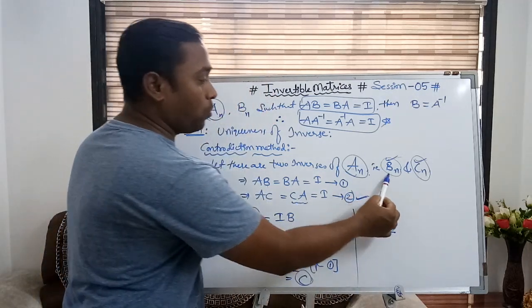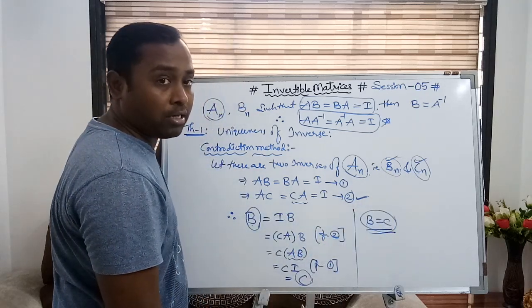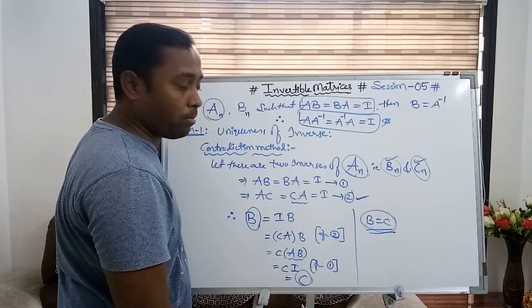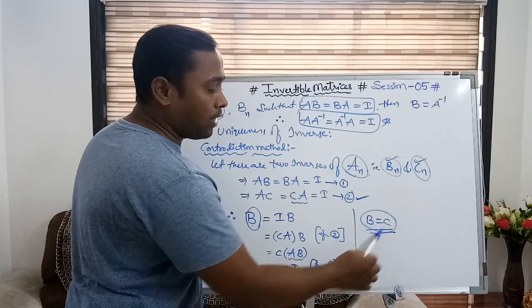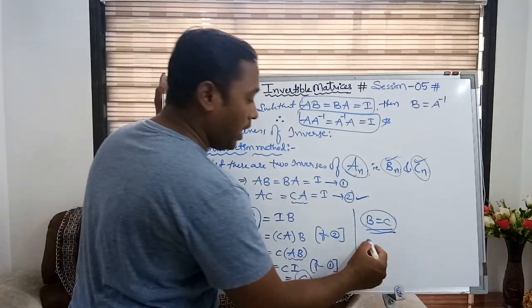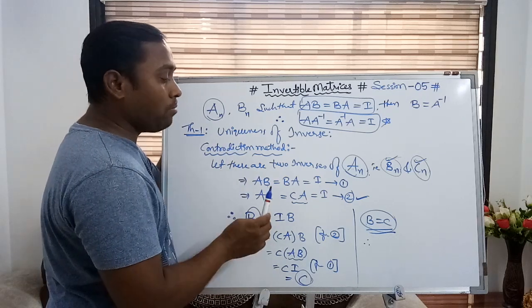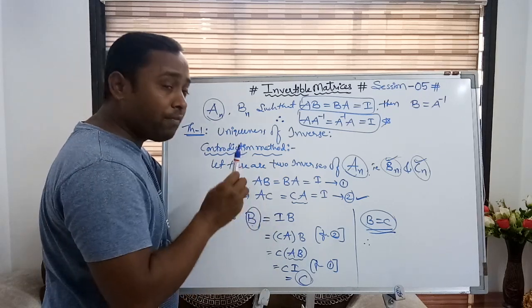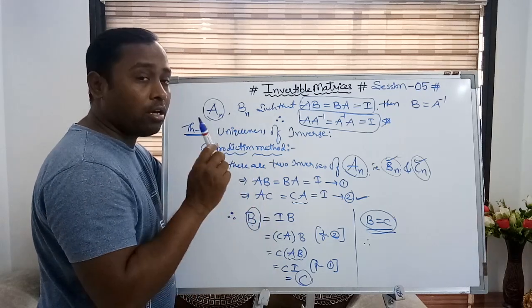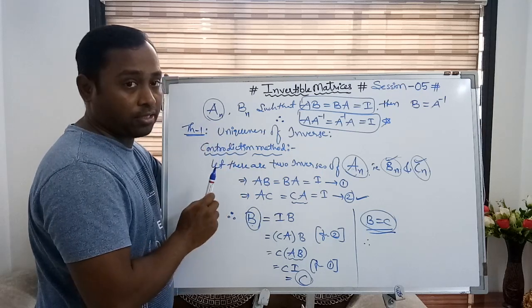It shows that the given square matrix, if it exists, has only one inverse.